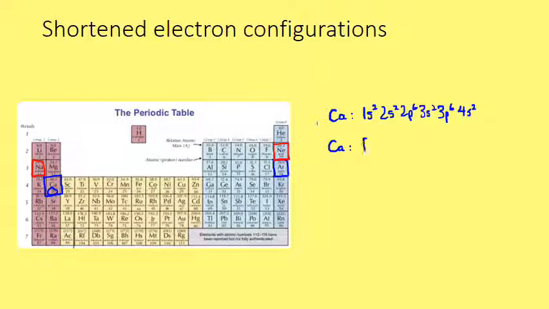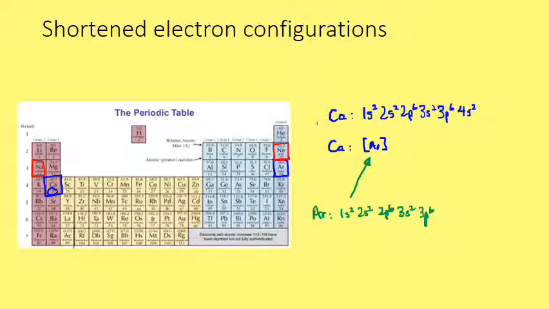You put argon in square brackets because the electron configuration of argon has 18 electrons: 1s2, 2s2, 2p6, 3s2 and 3p6, because its p subshell is full.